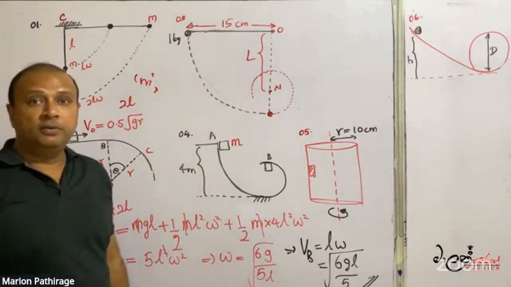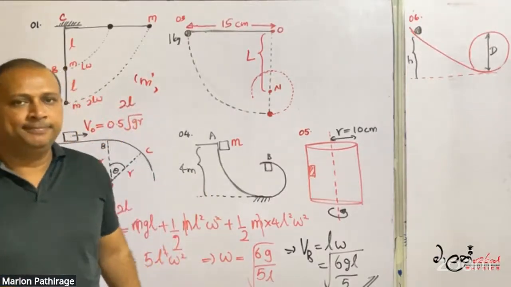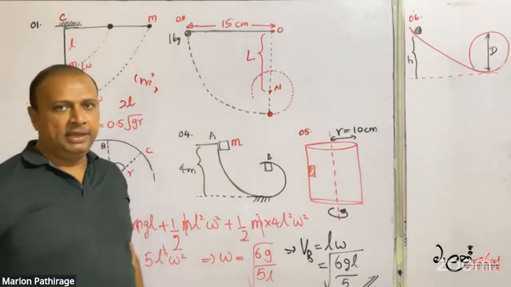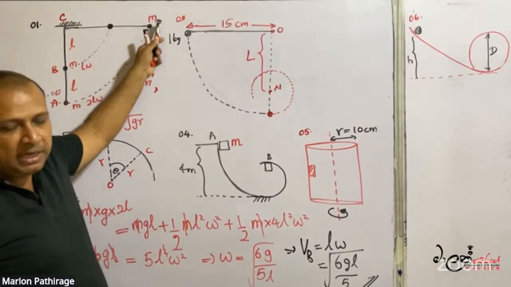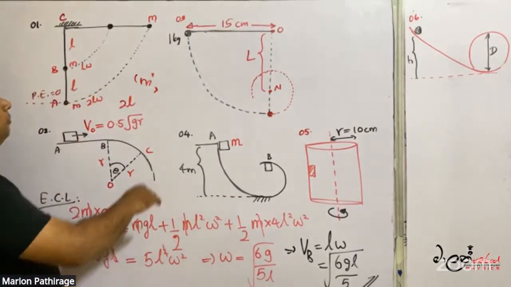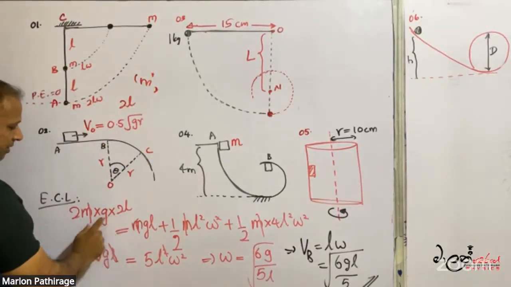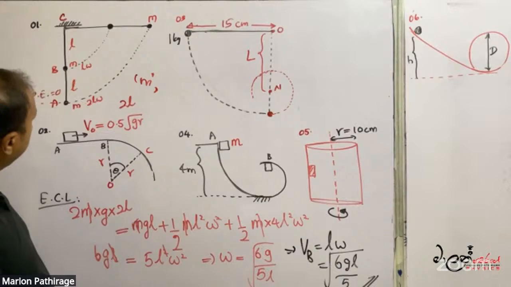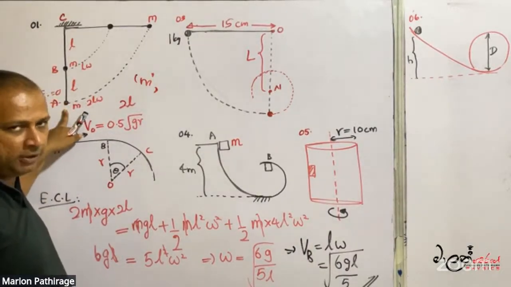So you have to consider the energy of both objects, the energy of the system. You cannot take only one. Initially both objects had potential energy. Therefore, mass is 2m, height is 2l. Finally, this object has velocity only, potential energy is 0.